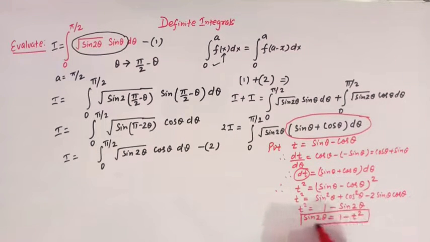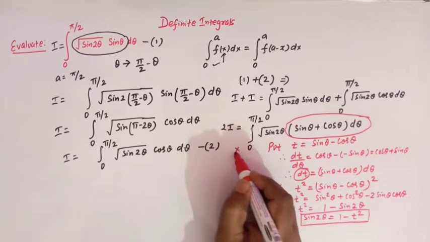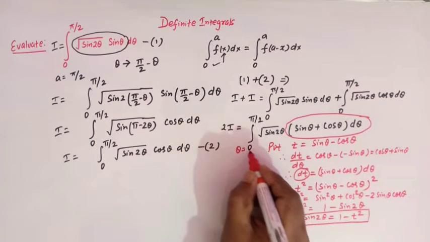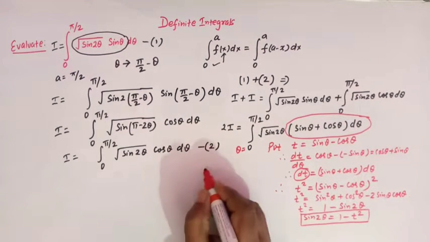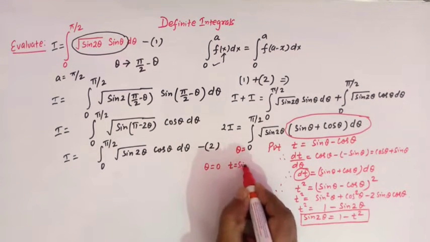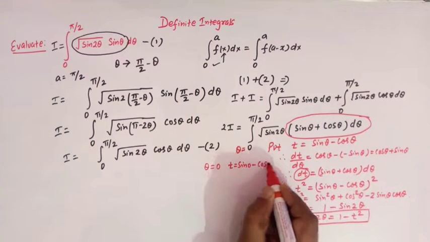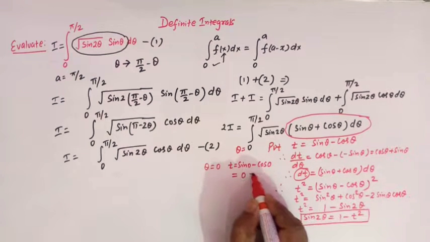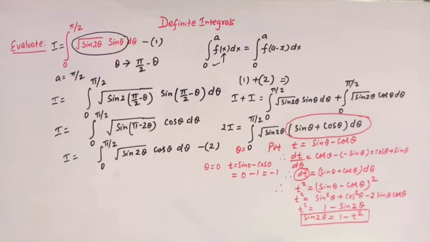Okay, so now we have dt is equal to (sine theta plus cos theta) d theta, and sine 2 theta is 1 minus t square. Now let us change the limits accordingly, because here theta varies from 0 to pi by 2. So when theta is 0, the value of t is sine 0 minus cos 0, and sine 0 is 0 and cos 0 is 1, so we have minus 1, right?